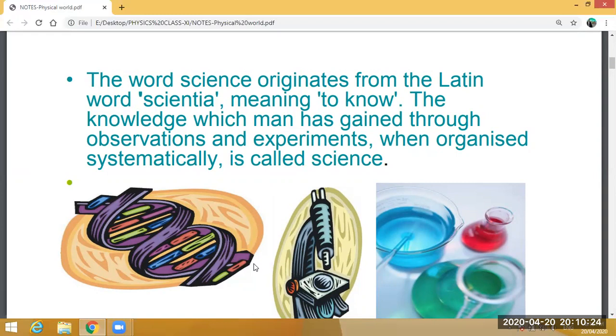Men during their struggle acquired so much knowledge from their experiment, experience, observation, and when all these experiences and observations were compiled systematically, then began science. So scientia means to know.